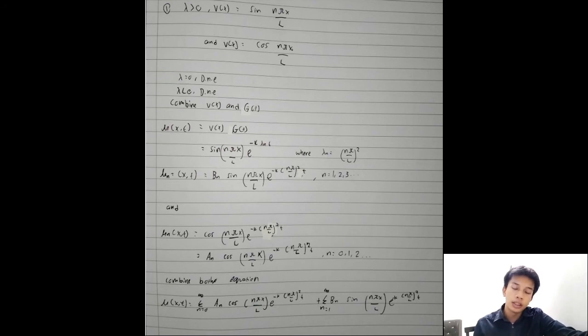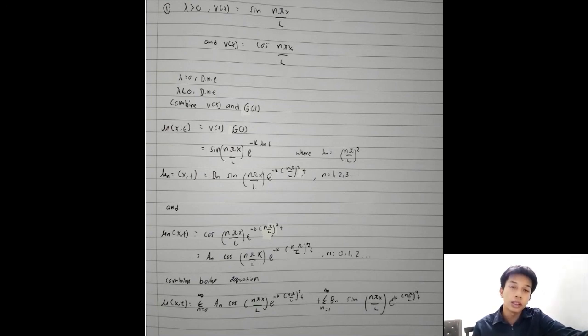And the second equation is a_n cos(nπx/L) e^(-k(nπ/L)²t), where n = 0, 1, 2.